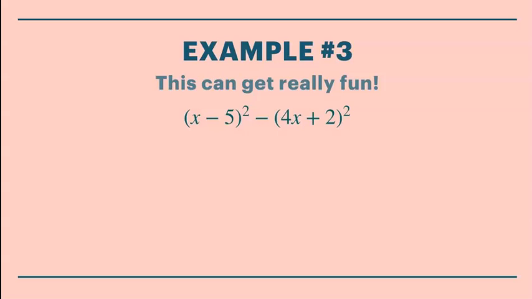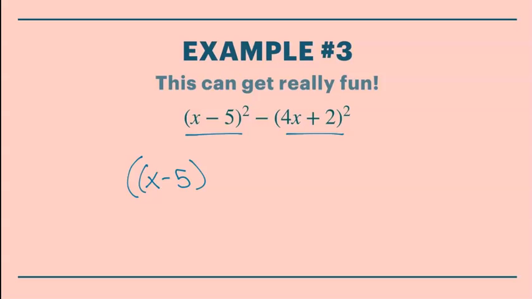Now, if you want to get really fun, you can look at this where there's some binomials in here. So this is a perfect square because x minus 5 is being squared, and 4x plus 2 is being squared, and there's a minus sign in there. So the square root of x minus 5 squared is x minus 5. I'm going to use my little extra parentheses there.